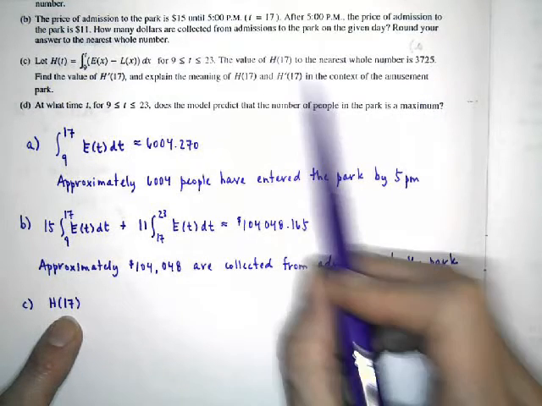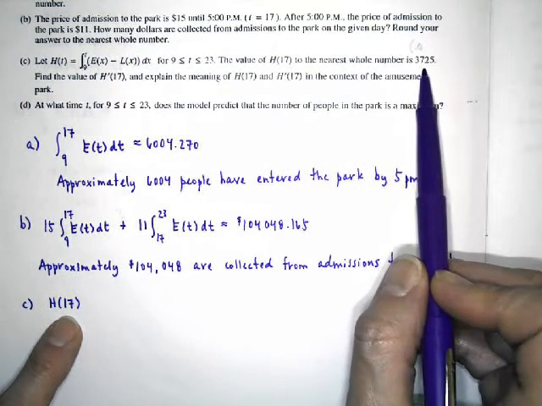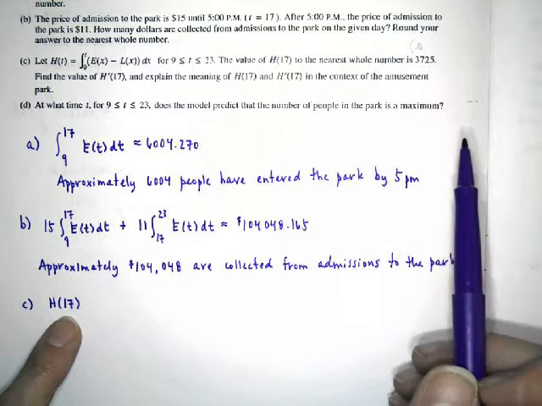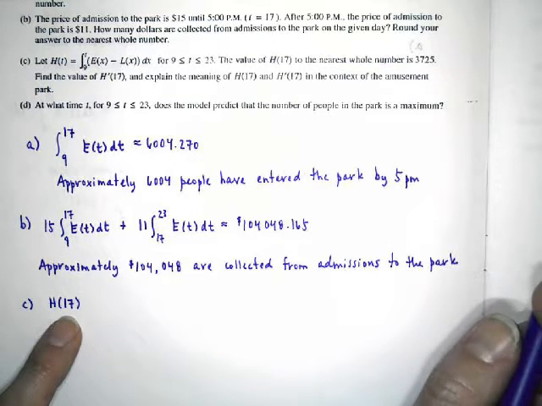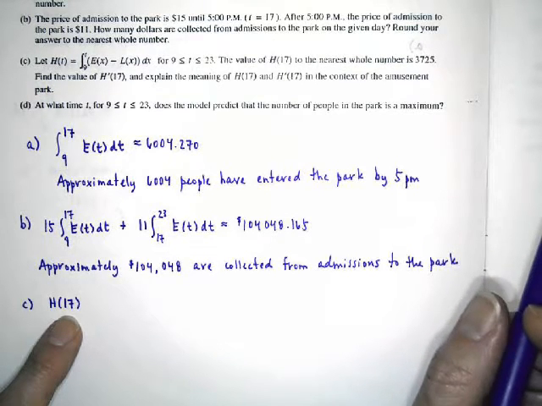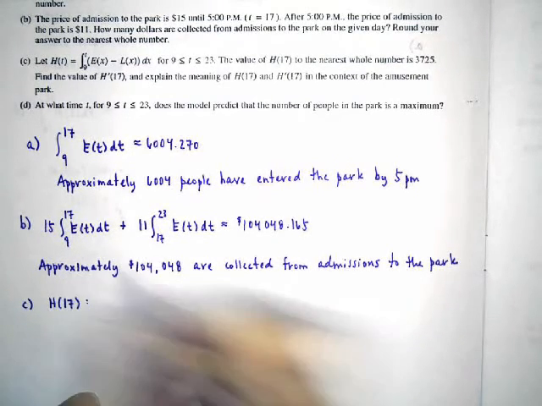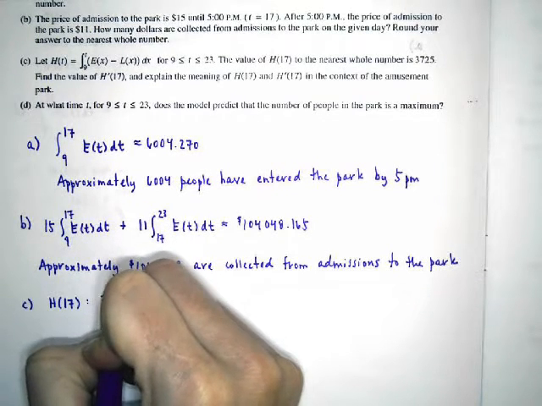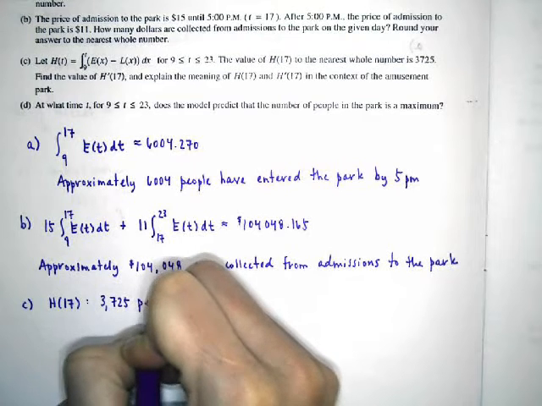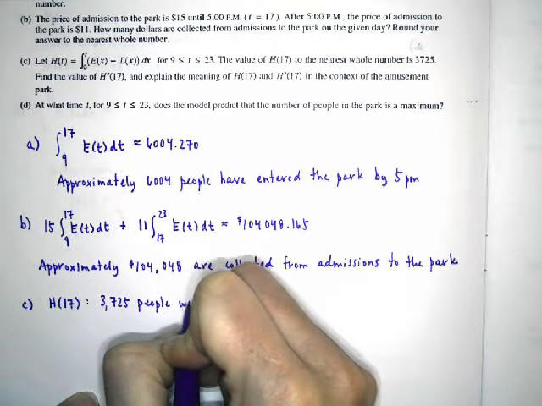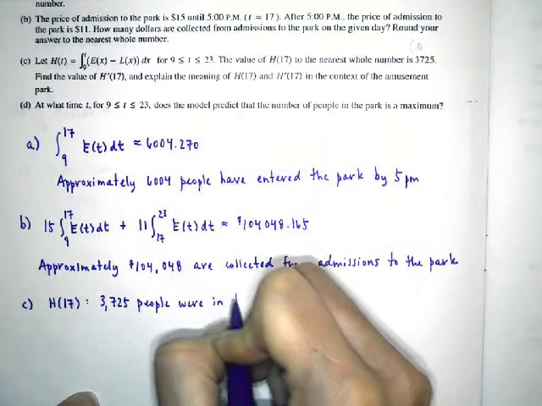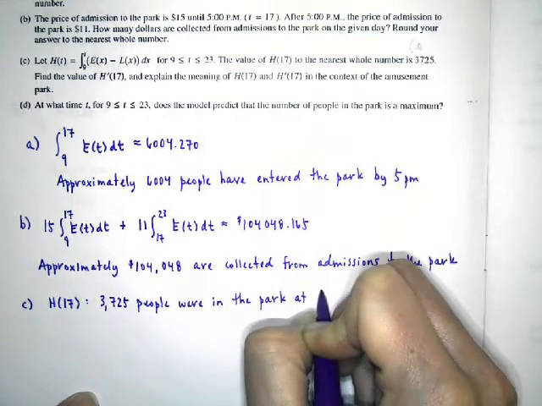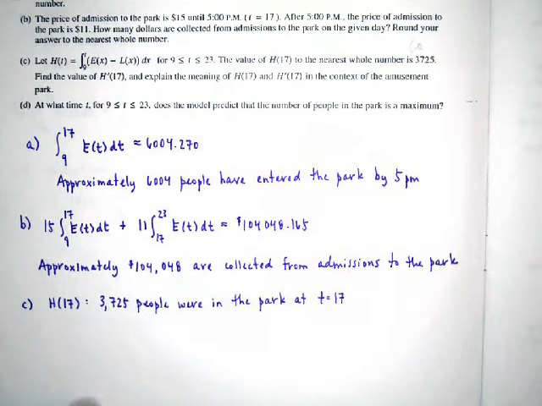And so by telling us h of 17 is 3,725, they're telling us that there's 3,725 people in the park at time t equals 17. So for the meaning, we're going to say that 3,725 people were in the park at t equals 17.